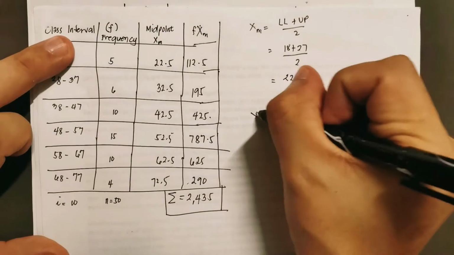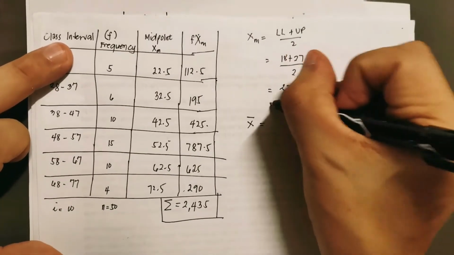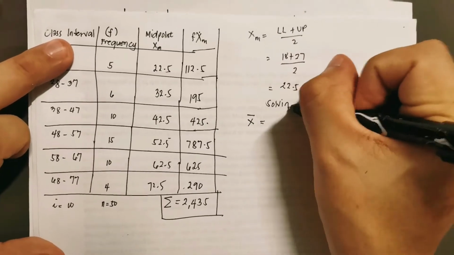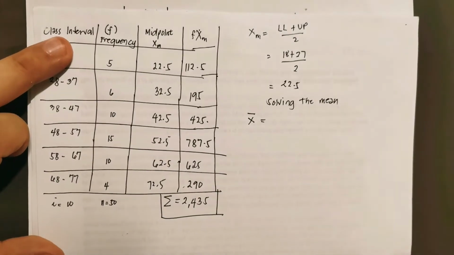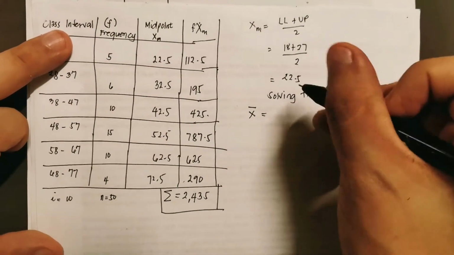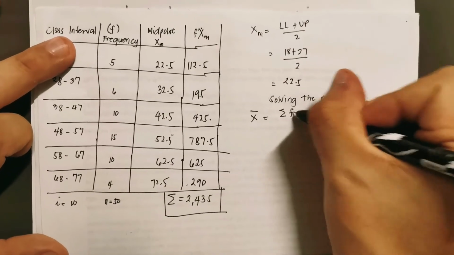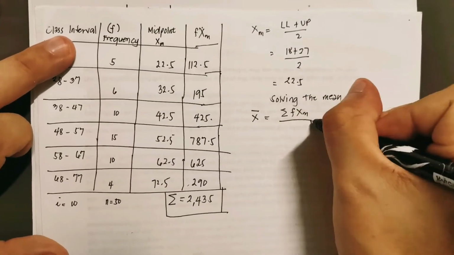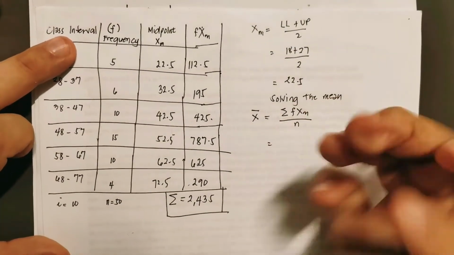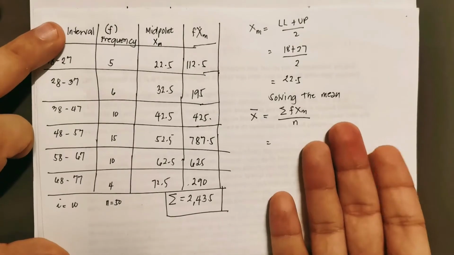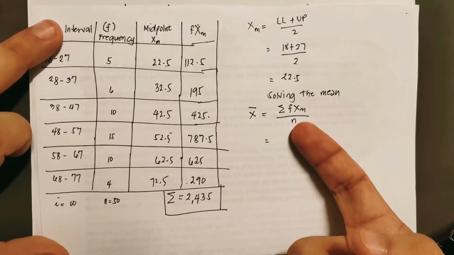So the formula for the mean, x bar, of group data is the summation of f times x sub m, divided by the total sample size, n. In this case, the table has all the information. That's why we took the summation of this column, because that's what is needed here.